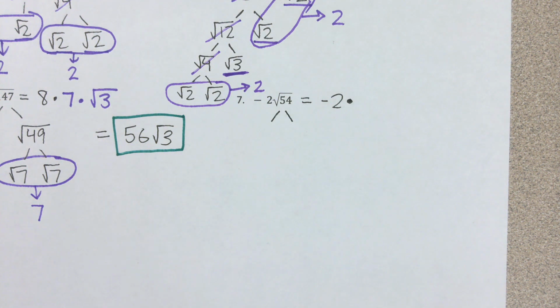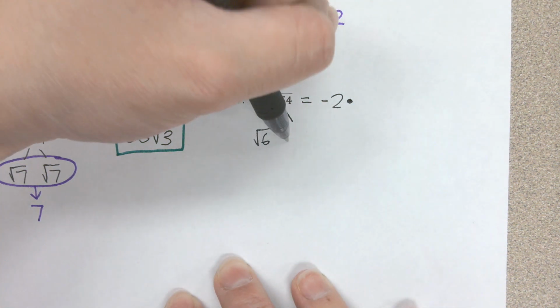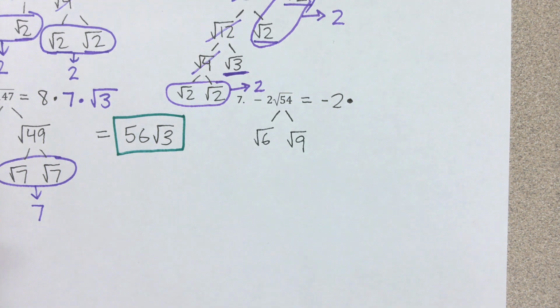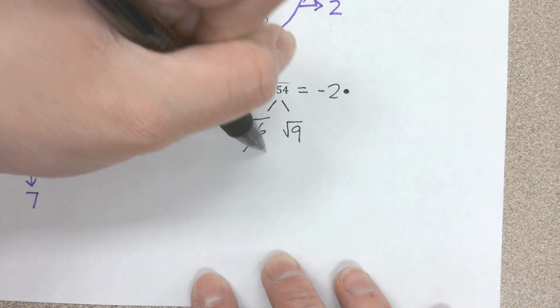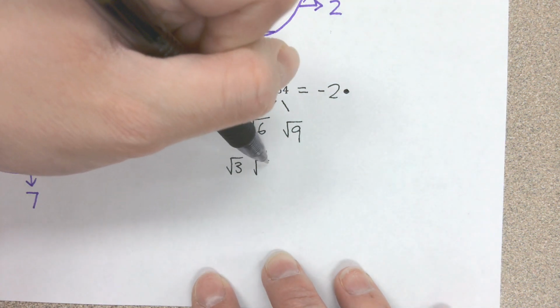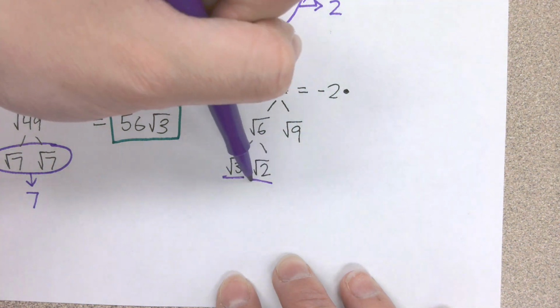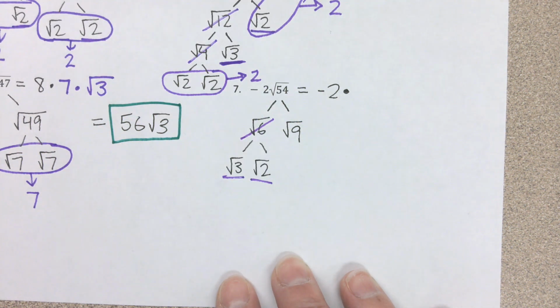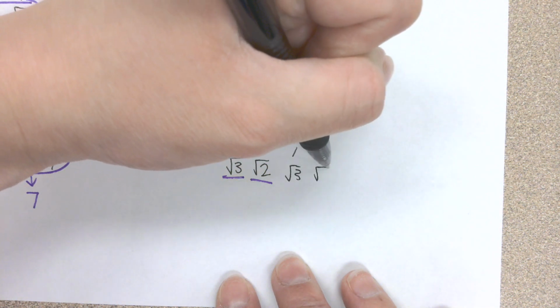Most common pair is probably 6 times 9. And they break down quickly. 6, we've got 3 and 2. They're going to stop there. 6 is done for. And 9 breaks down into 3 and 3.